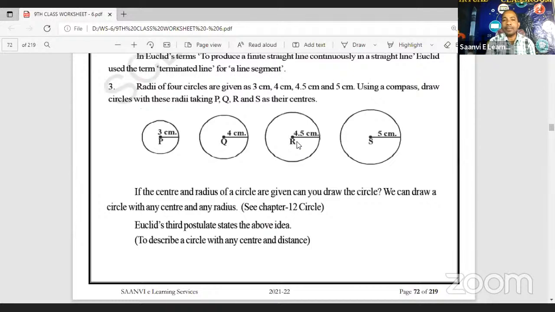In the third circle, center R and radius 4.5 centimeters. And in the next circle, the center is S and the radius is 5 centimeters. So like this, we can describe a circle with any center, with any radius. Okay, this is postulate 3.